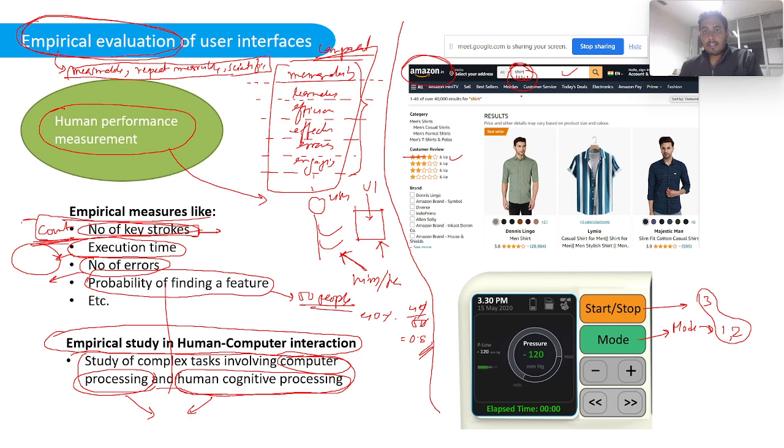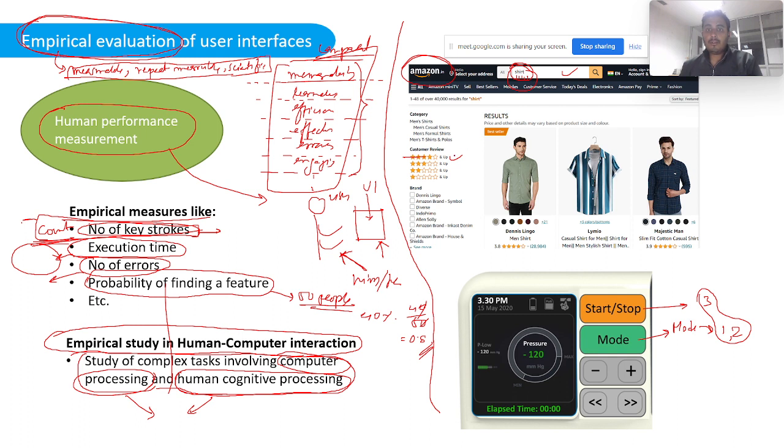See how we are measuring it. We are measuring it by first identifying the number of keystrokes that this particular person makes. So he is typing 5 times here, SHIRT. So there's a time that has elapsed in this particular action.